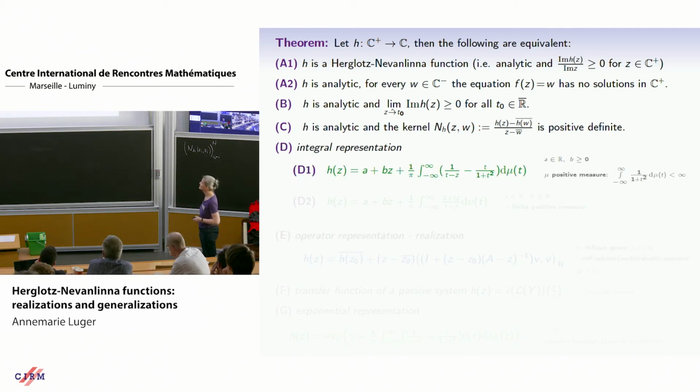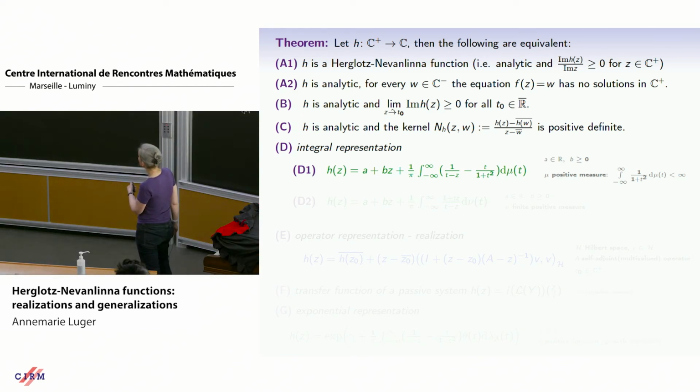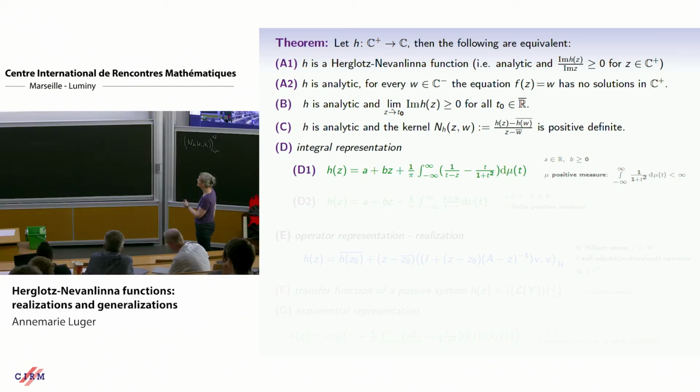Integral representation. So this is further equivalent to that the function can be written in this way that we have just discussed before. Let me remind you, the a was a real number, the b was non-positive, and the mu was a positive measure, which can be an infinite measure, so the measure of the whole line could be infinity, but if you weight it with this factor, then it is finite. So it is straightforward: if we rewrite this term here as one quotient, then we get some expression times this factor 1 over t squared.